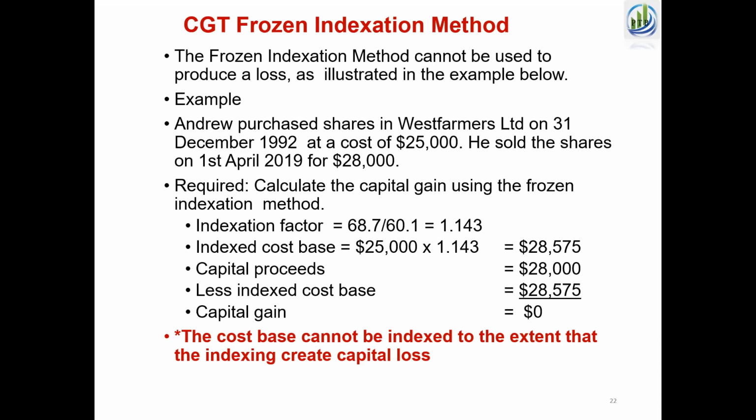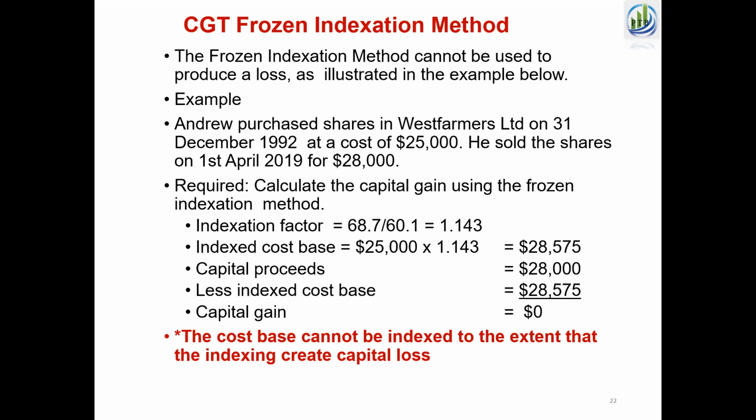So when it comes to the indexation method, you can make the capital gain zero, but you cannot say I have a loss of $575, right? You can make it capital gain zero. Click the indexation method; even though the 575 loss comes up, you're going to make it zero, but the software will work with that, so you don't need to worry about this zero.